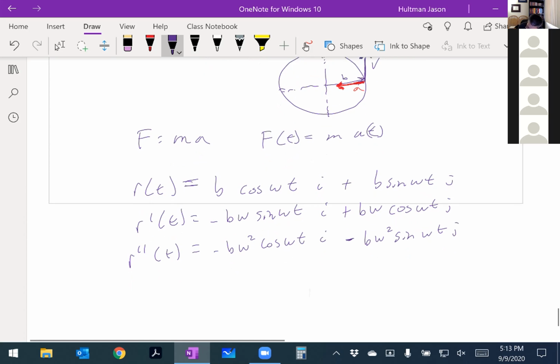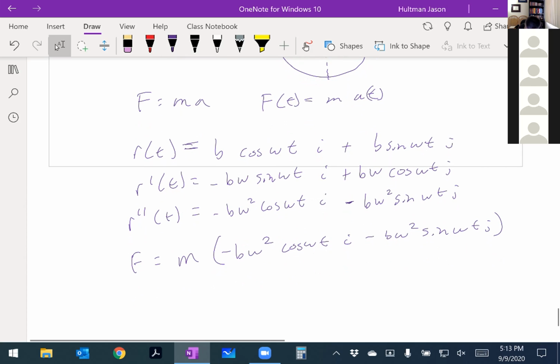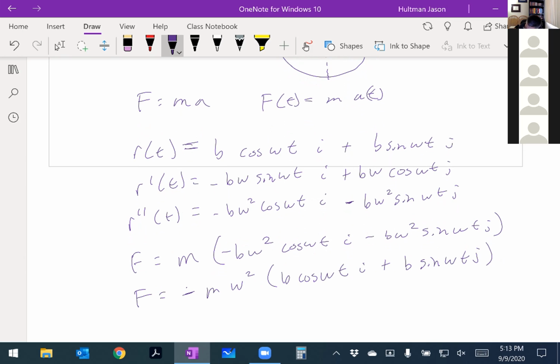So the force is equal to the mass times negative b omega squared cosine omega t i minus b omega squared sine omega t j. I'm going to factor out the negative and the omega squared. So force is equal to negative mass times omega squared times b cosine omega t i plus b sine omega t j. Well, what was this thing?